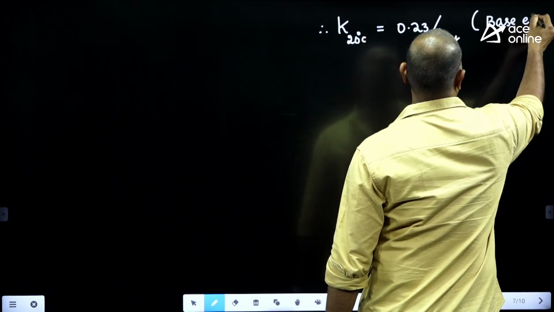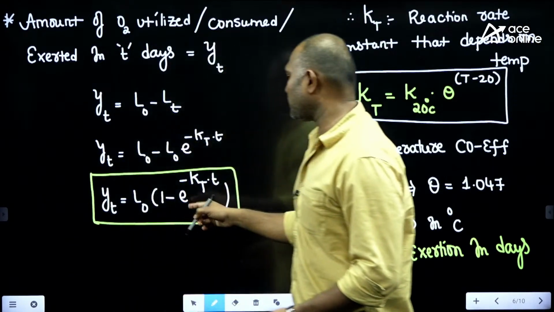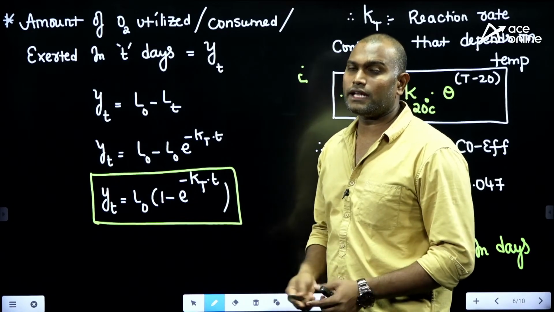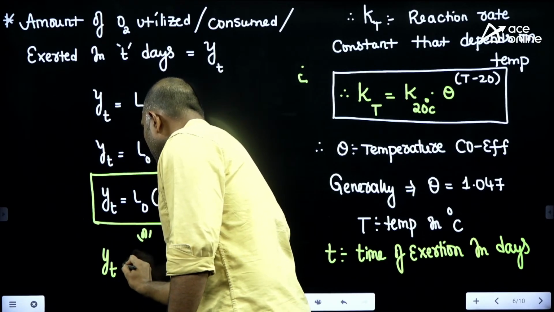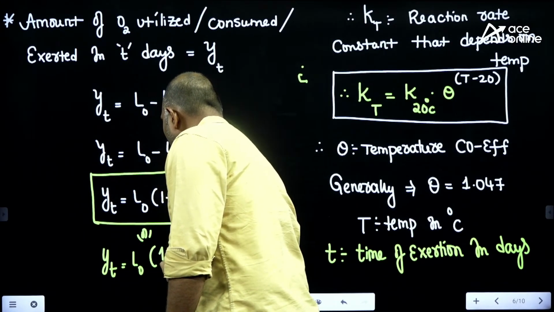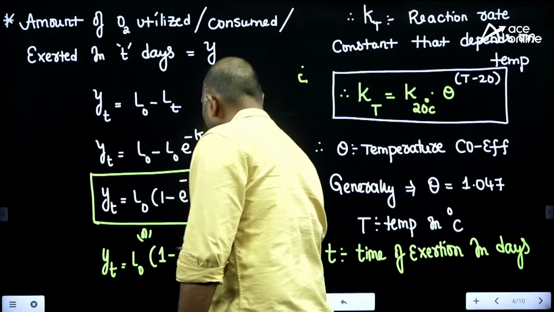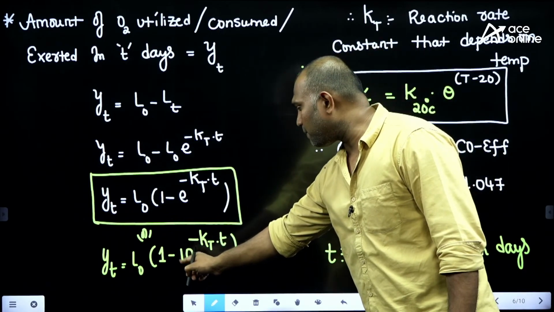If you use the natural logarithm, this equation can also be written in terms of 10 power. This can also be written as Yt is equal to L0 into 1 minus 10 to the power of minus Kt into t.